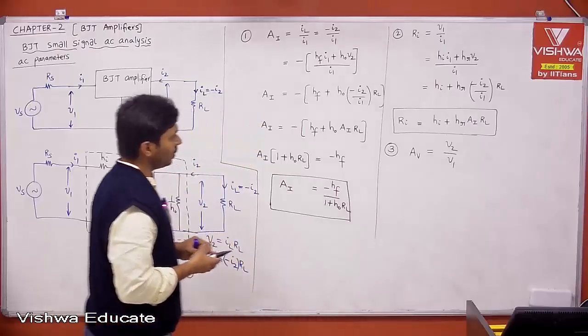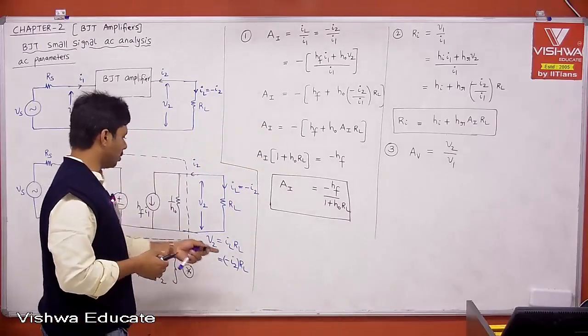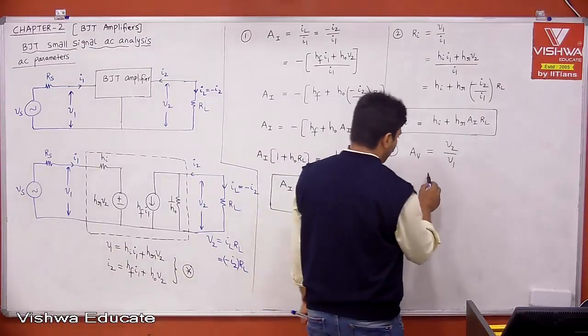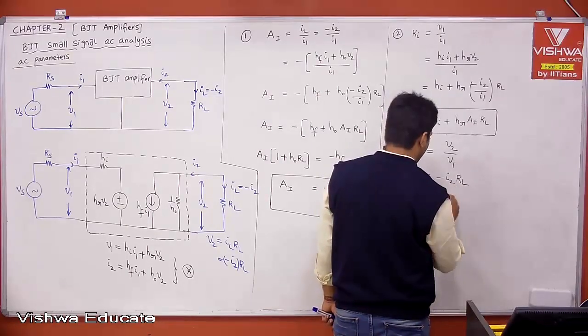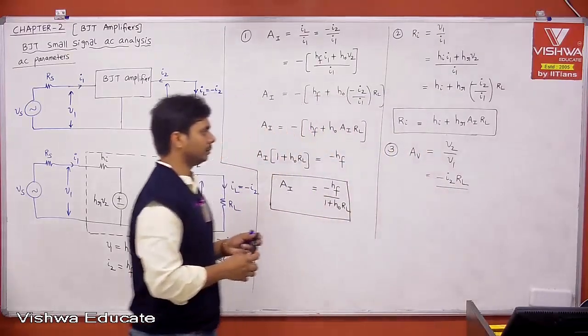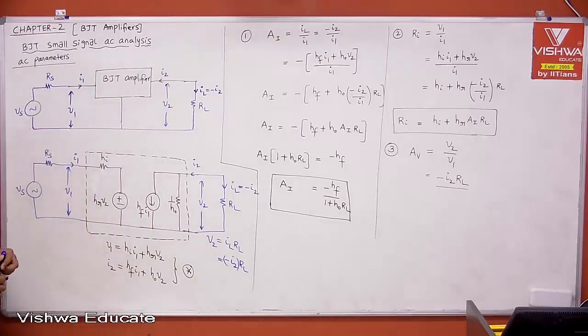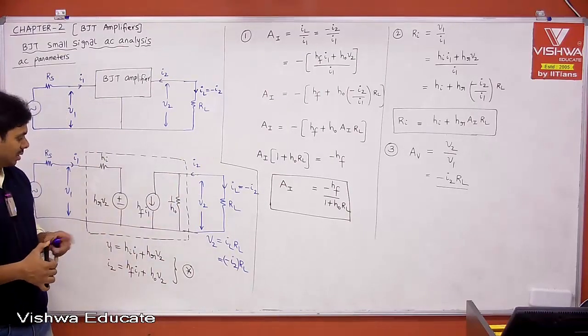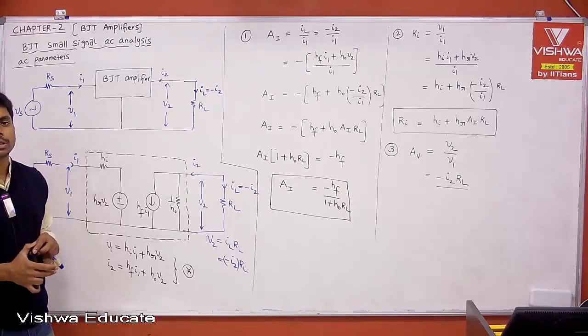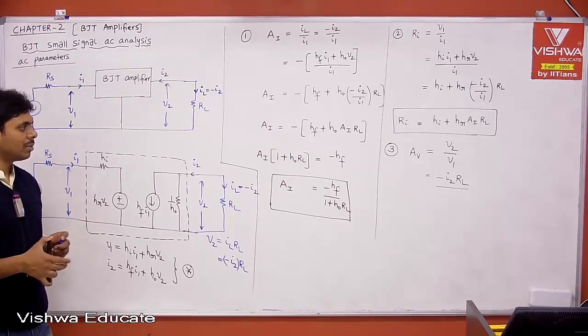What is V2? We already know V2 is nothing but minus I2 into RL. Then what is V1? V1 is what we have in the star equation. If you substitute, it will give you a complex equation, but if you solve it you will ultimately get the result.